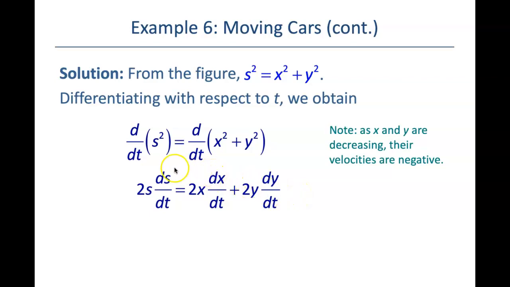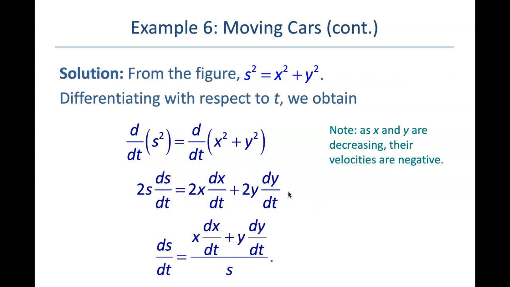So for instance, d/dt of s squared is 2s times the derivative of the inside, because we're not differentiating with respect to s, but with respect to t. So we assume s is some function of t, so it's times the derivative of s in terms of t. Same thing with those two guys. So we solve for ds/dt simply by dividing both sides of the equation by 2s, and so the 2's all go away, and we have this mess right here.